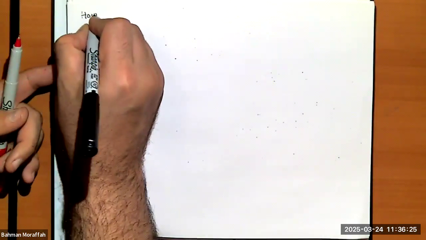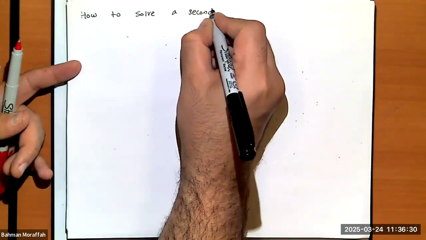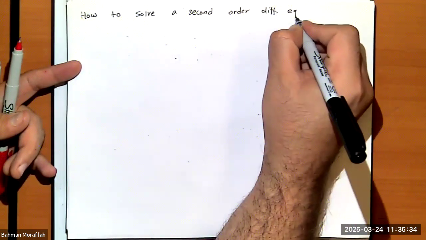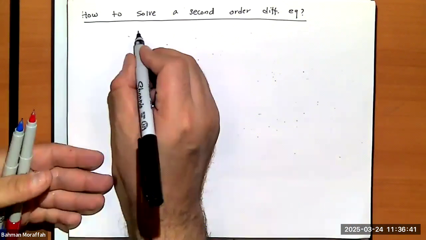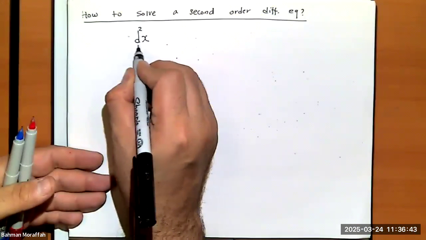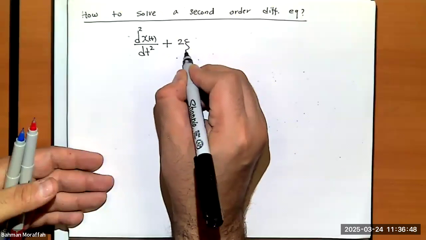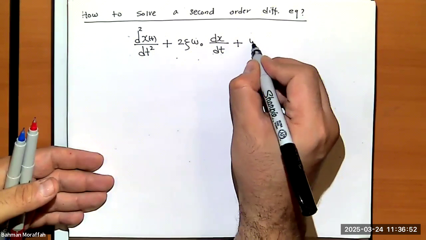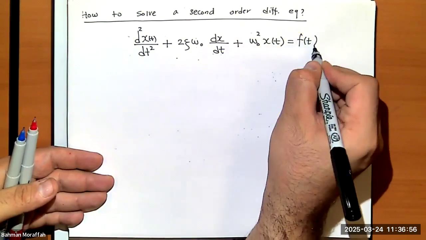How to solve a second order differential equation. Again, remember the equation that we're dealing with is something like this: d squared x(t)/dt squared plus 2 zeta omega naught dx/dt plus omega naught squared x(t) equals some f of t.